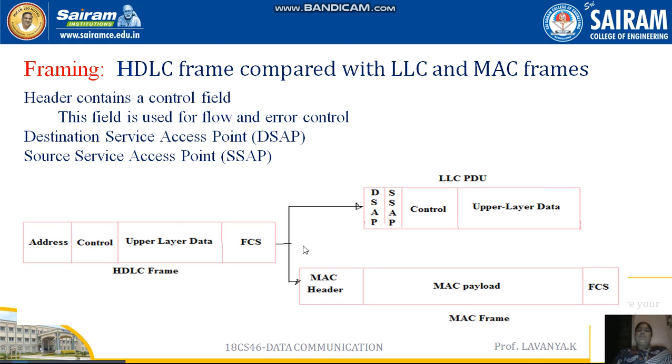The HDLC frame is again divided into two parts: the LLC frame and the MAC frame, meaning the logical link controller frame and the multiple access control frame. The LLC frame contains the destination service point address, the source service point address, the control field, and the upper layer data.